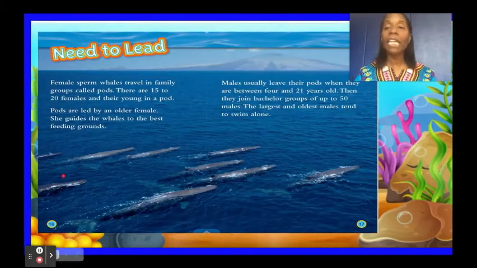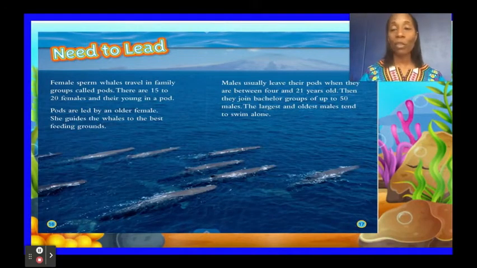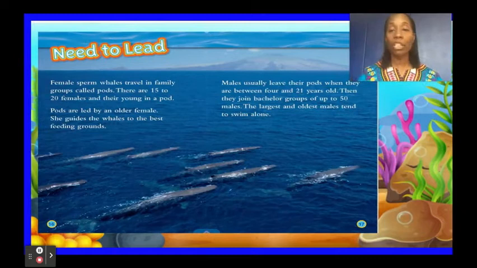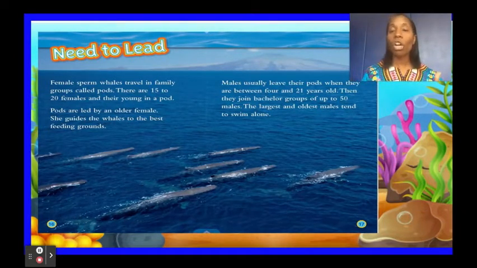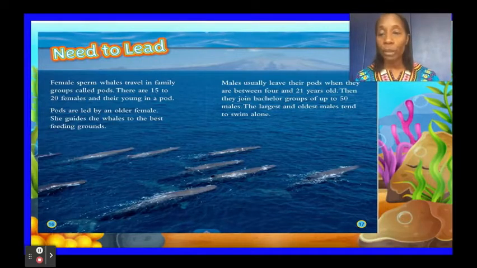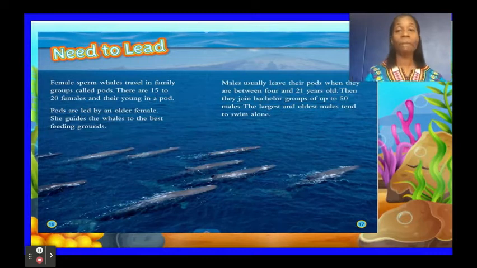So now, scholars, let's turn to page 16, and it's called Need to Lead. On this page, scholars, the author talks about the female whale and how she travels with her family, the group called a pod, and how pods are led by older females. She guides the whales to the best feeding ground.